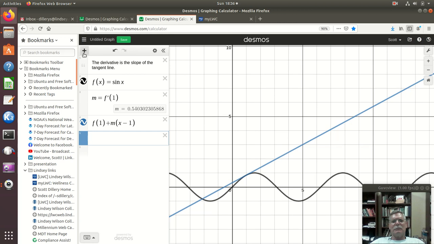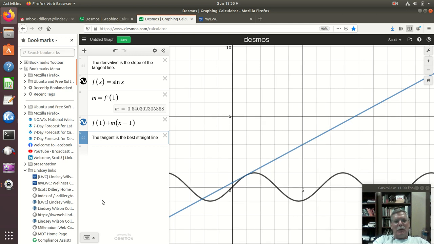Okay, this is what I want you to commit to your heart: the tangent line is the best straight line approximation to a function at a particular point.